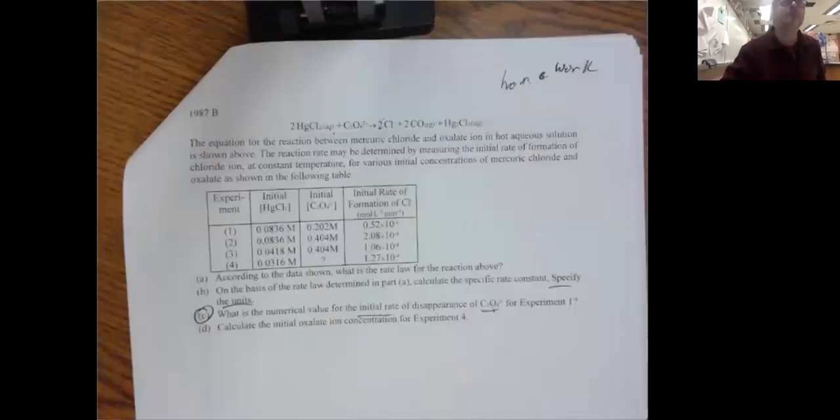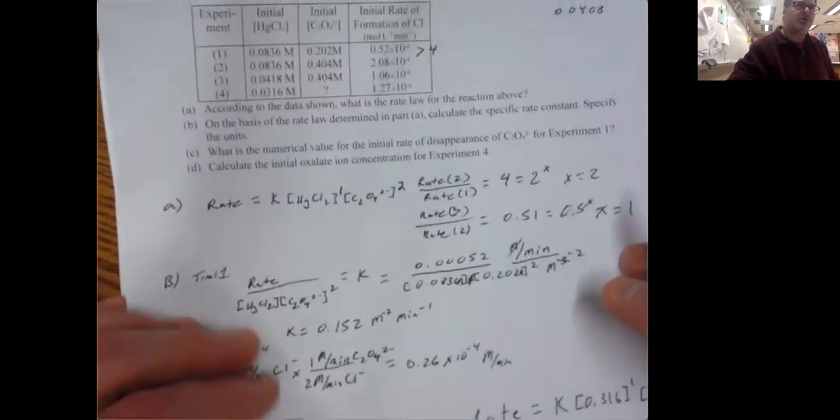All right, so let's take a look at this 1987B. So you should be checking your answers on that, hopefully. One thing that they do want on the AP test is they want you to show your work.